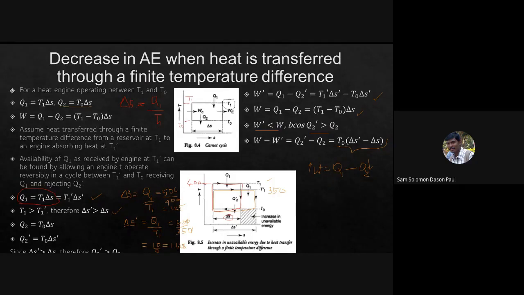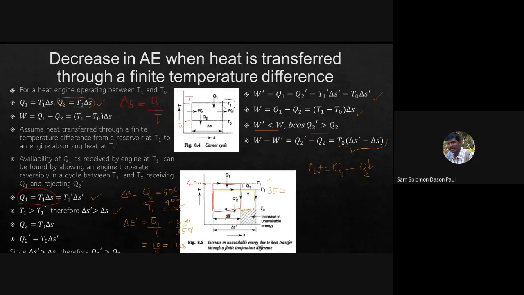So if you are running the heat engine just between T1 and T naught, the unavailable energy will be T naught into delta S. But now you're running an engine after there is a finite temperature difference, which is T1 minus T1 dash. So that gap, there is a 50 degree centigrade or a 50 Kelvin lesser than source temperature.